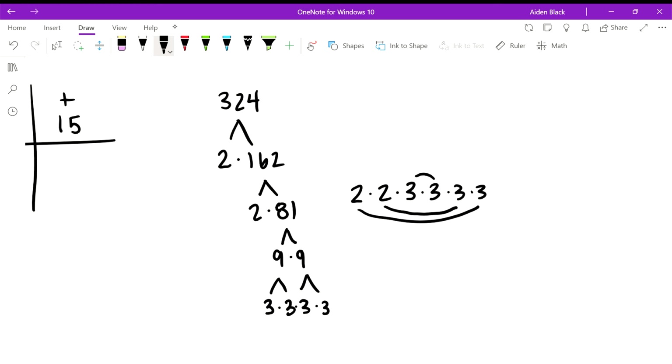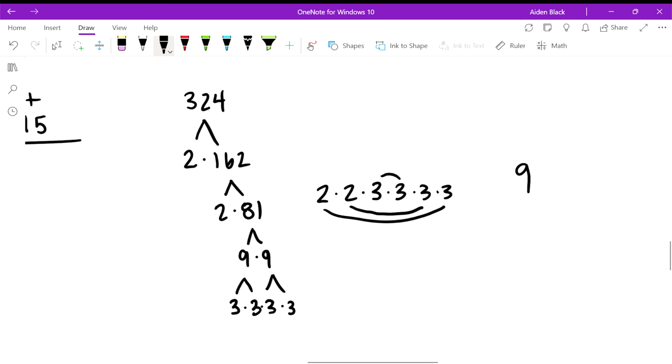We get 9 from those two middle terms, and then the outside terms would be 2 times 3, which is 6, and then also 2 times 3 again, which is 6. So 36.